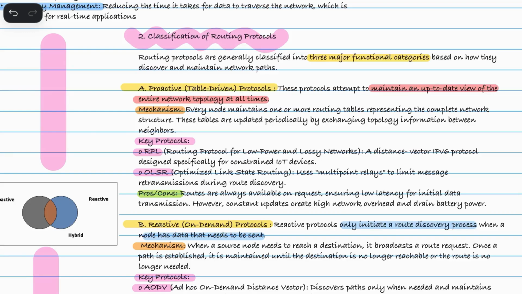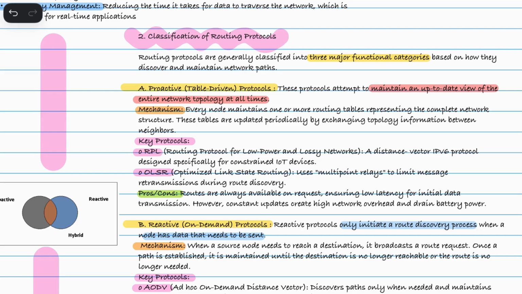So to understand routing protocols, think of them as a GPS of the digital world. Their job is to find the best path for data to travel from a sensor to a server. First we have the proactive protocol. Imagine a smart hotel where every room has a smart lock and a thermostat.